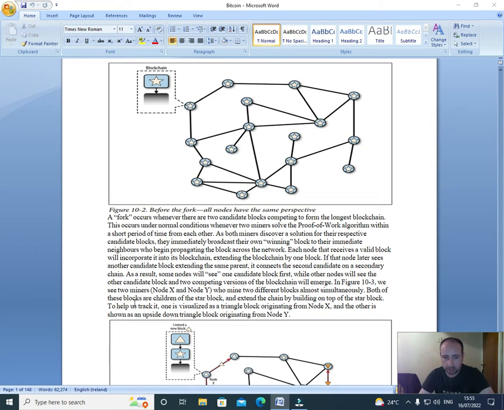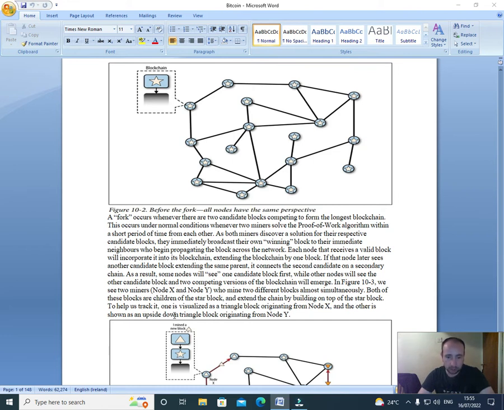In figure 10.3, we see two miners, node X and node Y, who mine two different blocks almost simultaneously. Both of these blocks are children of the star block and extend the chain by building on top of the star block.